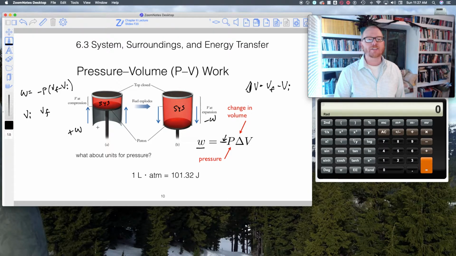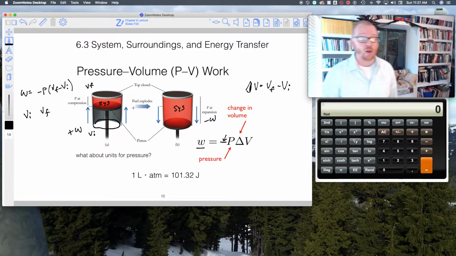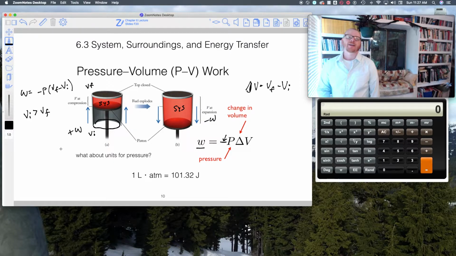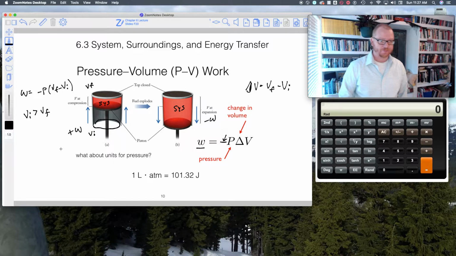So we imagine this initial volume was probably down here somewhere, right? Like I'll draw a little line. And this is likely what the initial volume was, this whole thing. And so now it's being compressed, so the final volume is smaller, right? So we can say that VI is greater than VF in this compression situation.